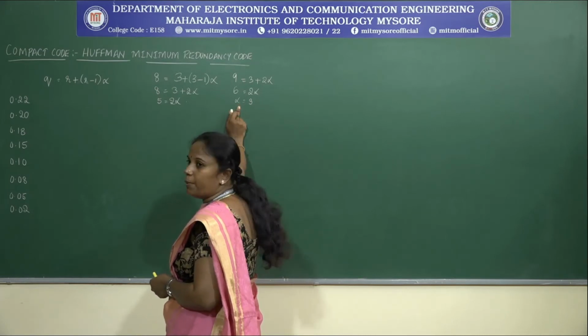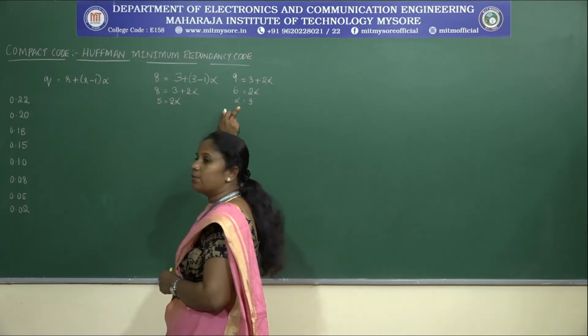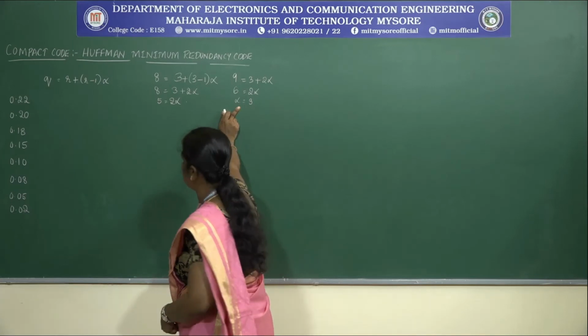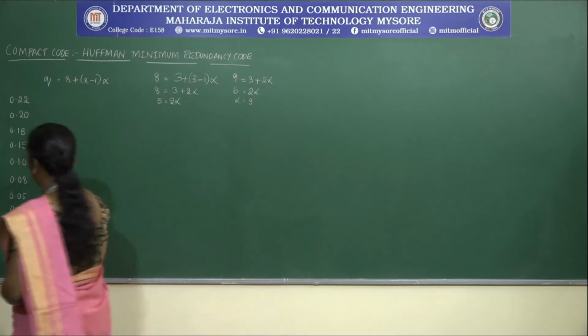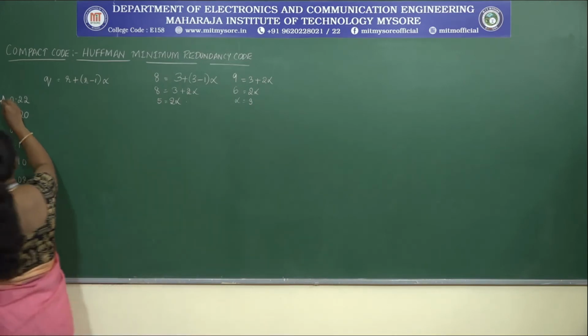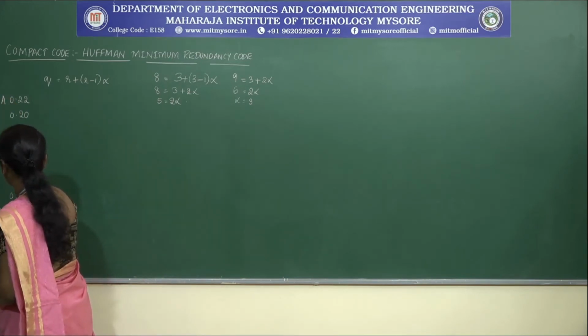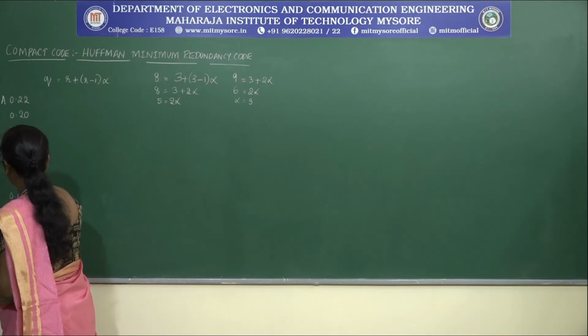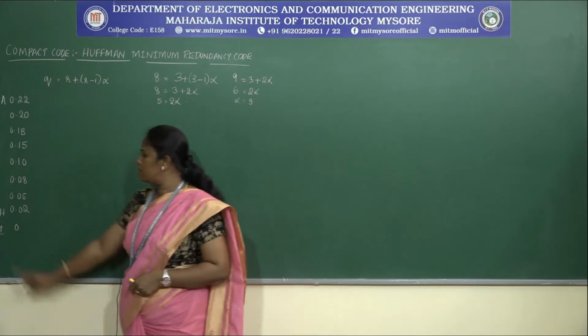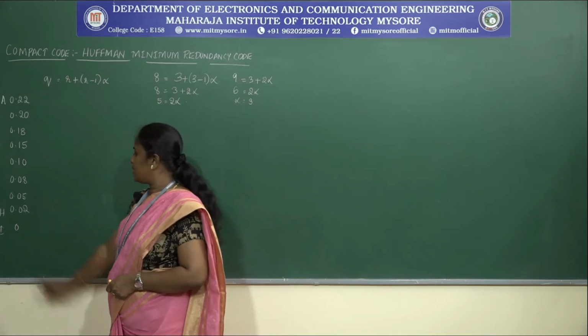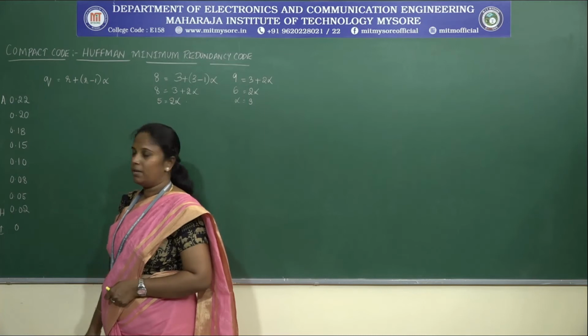So instead of 8 source symbols, we need to consider 9 source symbols. This is from A to H, so the ninth source symbol we will consider as a dummy symbol, with probability 0.